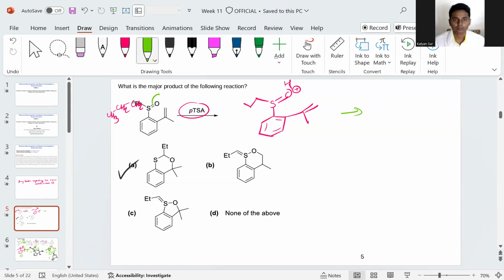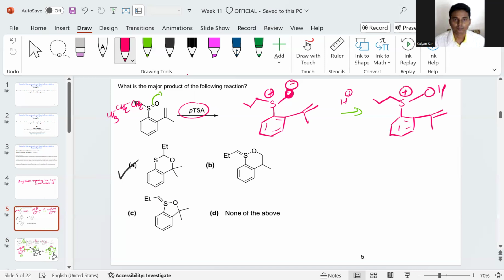Let's say the bond polarization takes place in this fashion, so this is the positive and this O is now negative, which abstracts the proton from the PTSA, and this will be OH, and this will remain the same. Now the positive charge will be on the sulfur. But if you look at the reaction, the reaction doesn't proceed further. So by this mechanism, the reaction won't work.